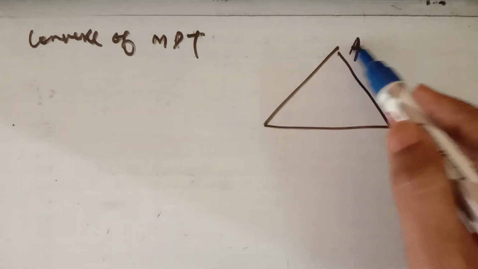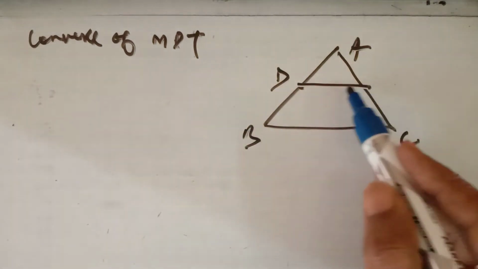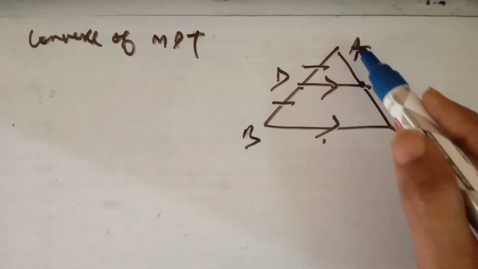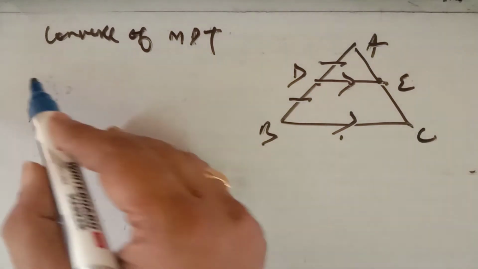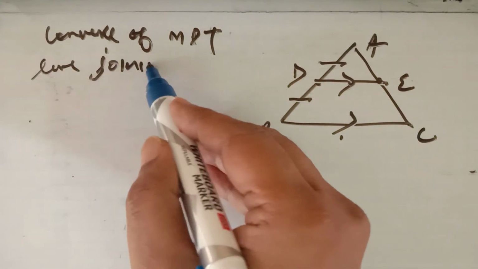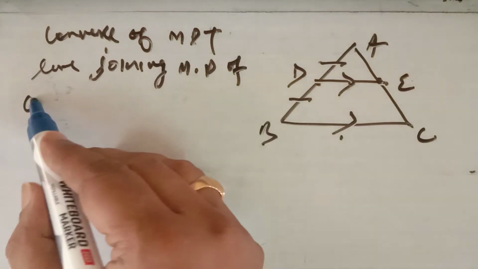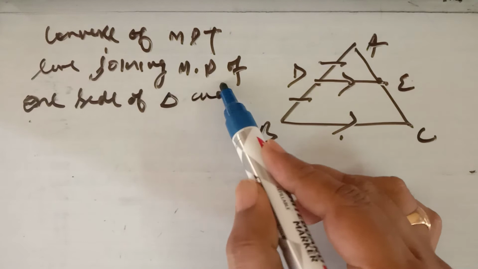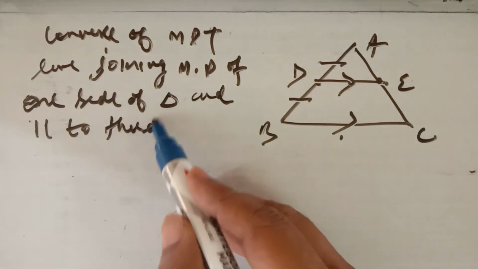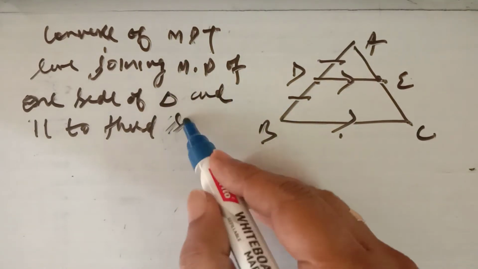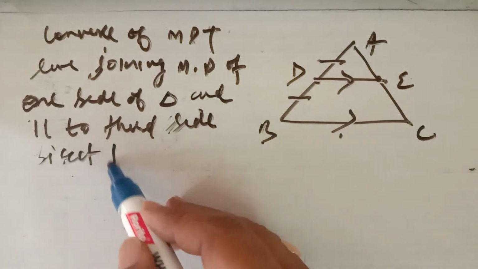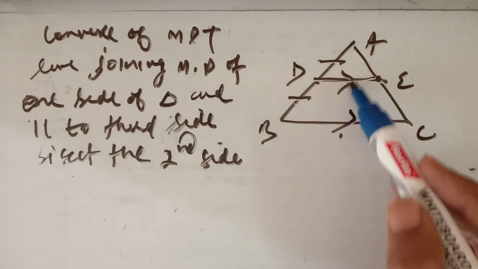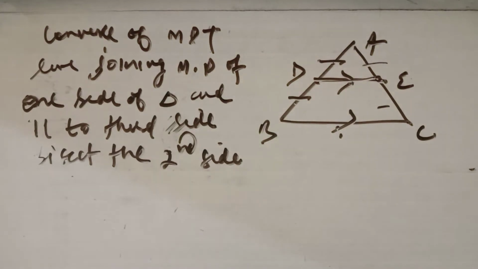If a line joining the midpoint of one side of a triangle is parallel to another side, it bisects the third side. That is, one side's midpoint is given and the line is parallel, so you have to prove that E is the midpoint of AC. A line joining the midpoint of one side of a triangle and parallel to the third side bisects the second side, meaning it will be the midpoint. If this is a midpoint and the line is parallel, then this will also be a midpoint. So this is the converse of the midpoint theorem.